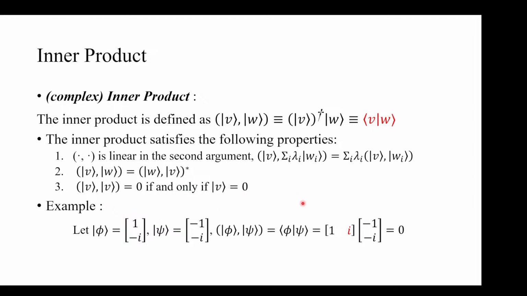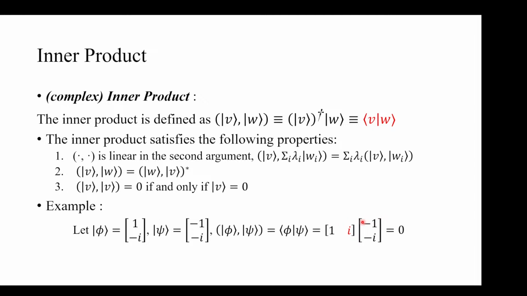Okay, but anyway, let's see an example of the inner product. You have ket psi equal to the vector (1, minus i), and ket phi equal to the vector (minus 1, minus i). The inner product between psi and phi is the adjoint of phi, so it is the vector (minus 1, i), where you become i because you need to do complex conjugation, and multiplying with your psi vector, (1, minus i).